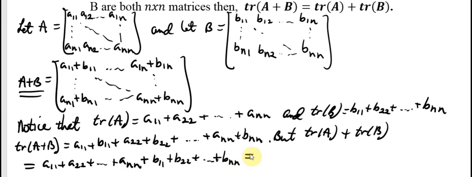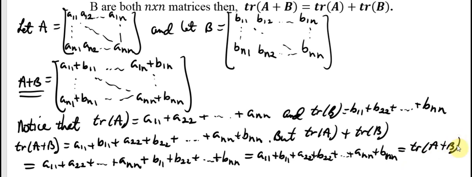Now, if I just apply the associative property, and associate the A11 with the B11, this comes out to be A11 plus B11 plus A22 plus B22 plus, and so on, plus Ann plus Bnn, which is the same as the trace of A plus B. So the trace of A plus the trace of B, when you work that out, equals the trace of the sum of the matrices.